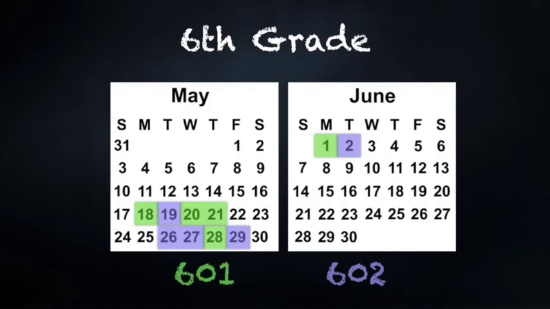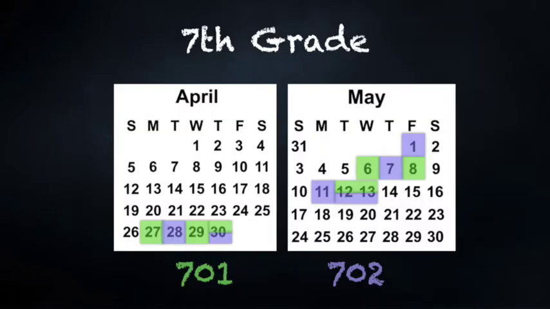If you're on Team 601, you'll be testing on May 18th, 20th, 21st, 28th, and June 1st. If you're on Team 602, you'll be testing on May 19th, 26th, 27th, 29th, and June 2nd. The testing dates for Team 701 are April 27th, 29th, and 30th, May 6th, 8th, 12th, and 13th.